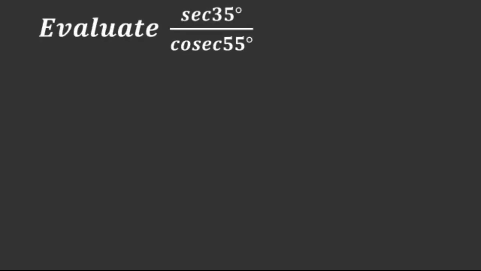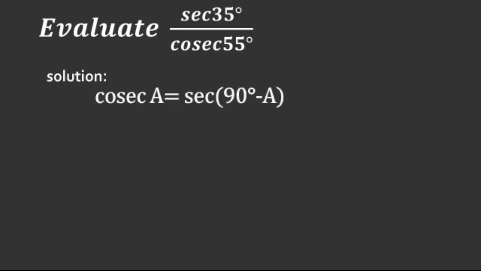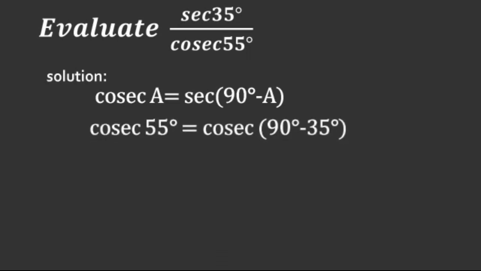Evaluate secant 35 degrees by cosecant 55 degrees. Solution. From trigonometric ratios of complementary angles, cosecant A is equal to secant of 90 degrees minus A. Cosecant 55, we can write as cosecant of 90 minus 35 because 90 minus 35 equal to 55.